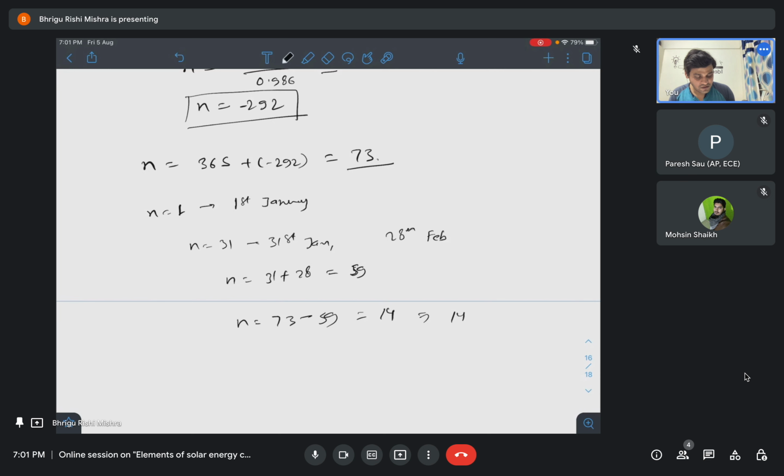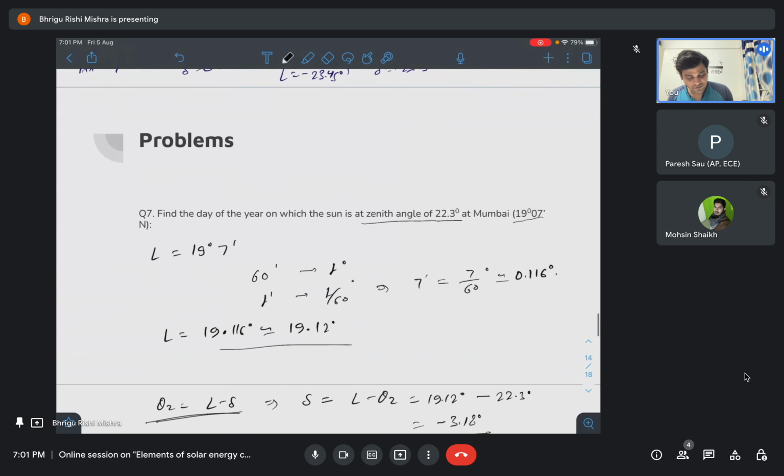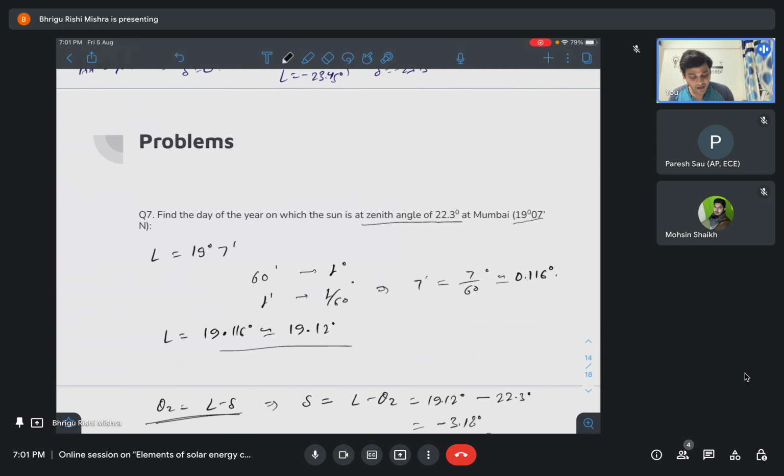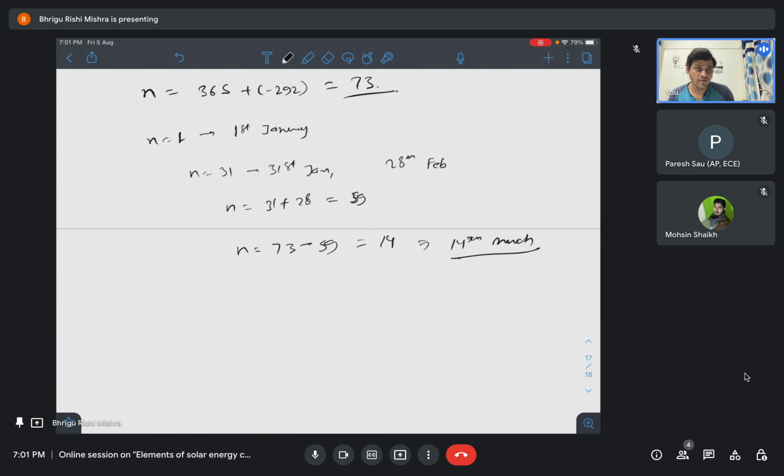That means n equals 73 corresponds to 14th March. So it is the 14th March of the year on which the sun is at this zenith angle at Mumbai.